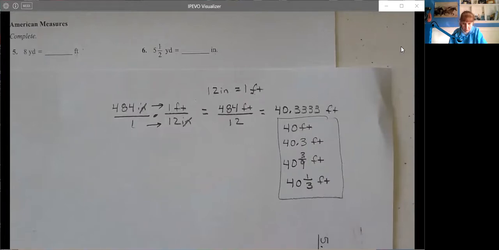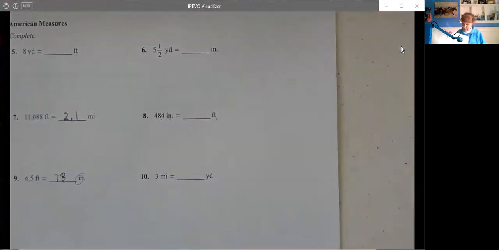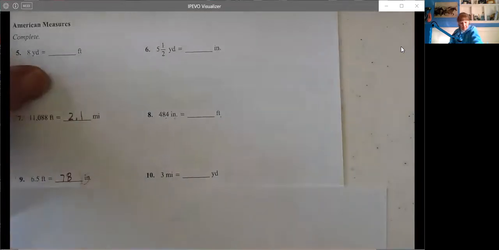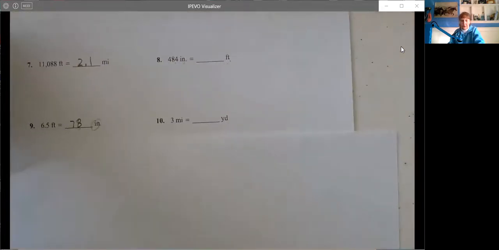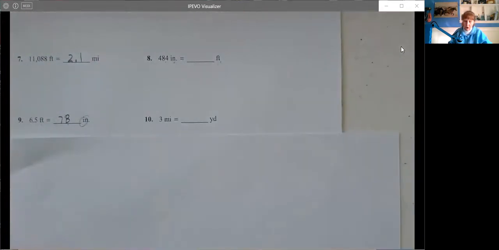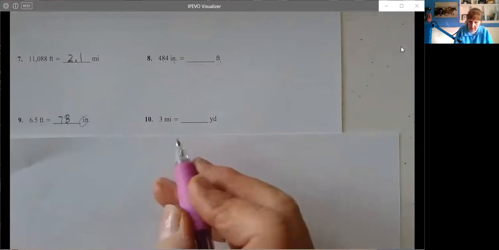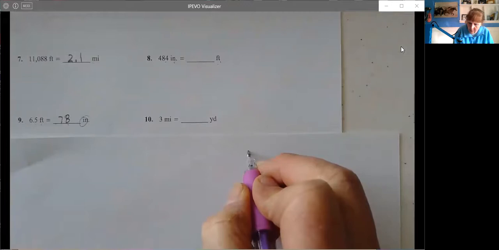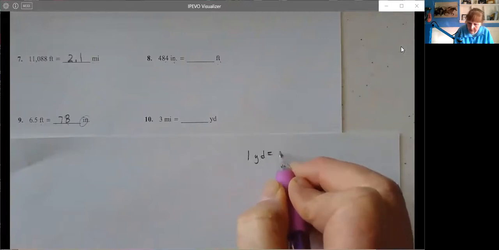All right, great. Let's look at this other one, because I just noticed that it's miles to yards. We're going to do this in a two-step, rather than having me tell you how many yards are in 1 mile. I know that 1 yard is 3 feet.